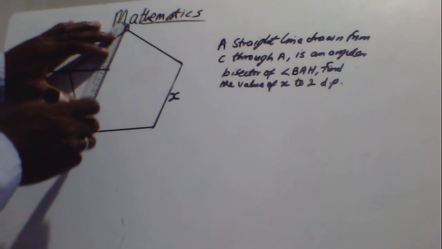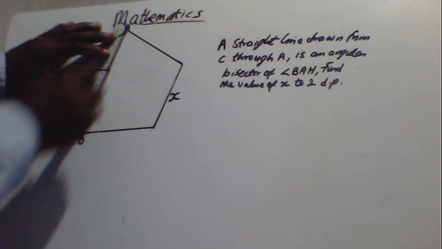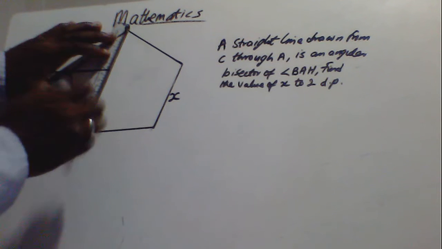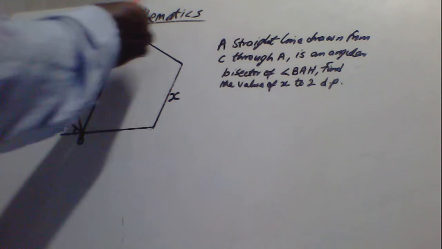Join AB, join HB. This may not draw very well, but it is. This is your own construction, and then also join CH.